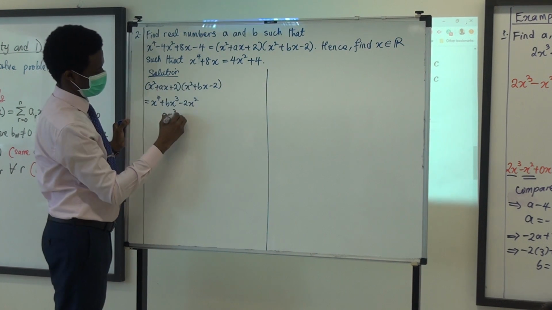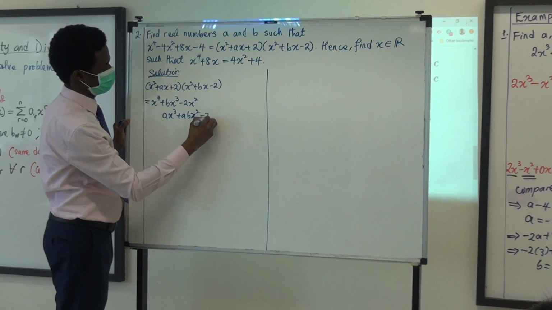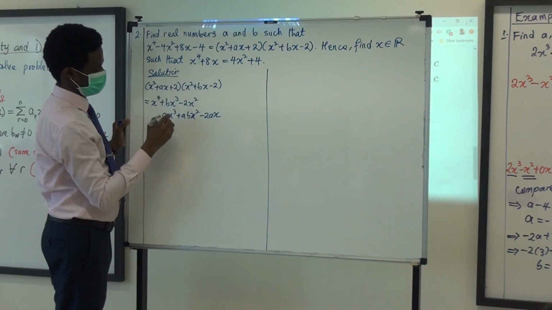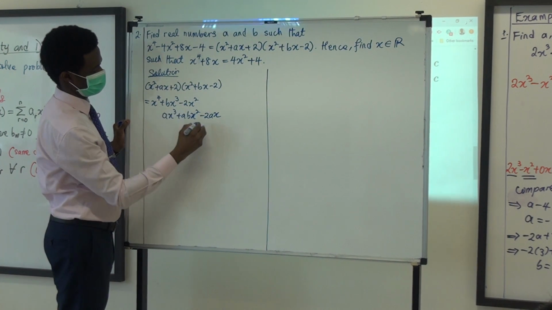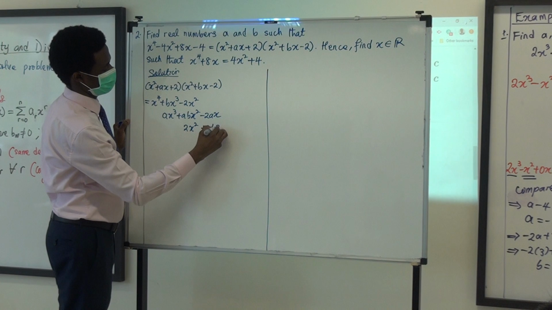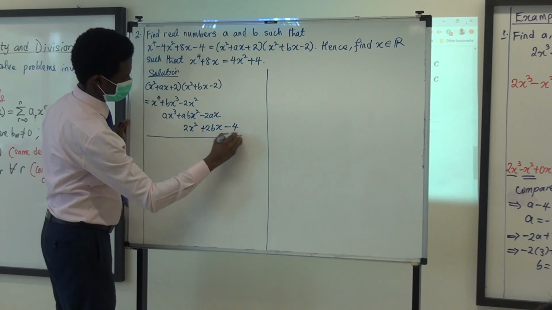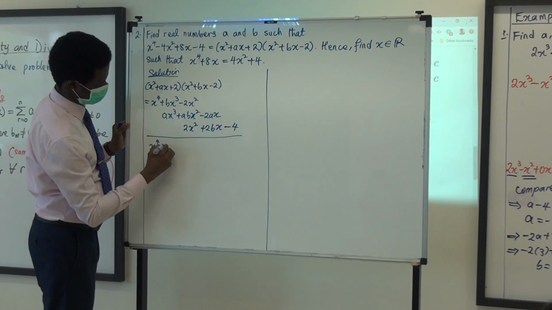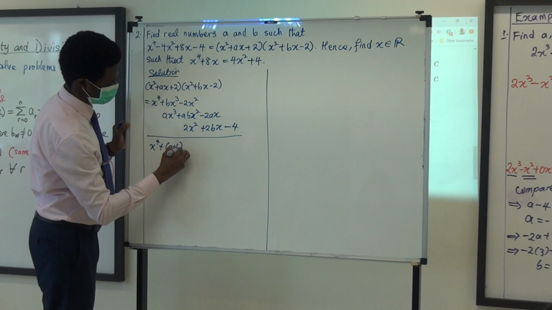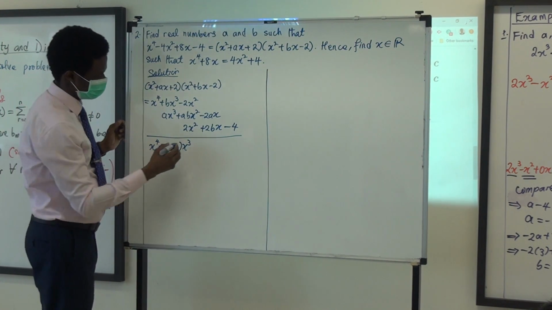I have abx squared. Then I have 2ax. Then the squared now, 2x squared positive, plus 2bx positive, minus 4. And all this added gives x to the power 4. What is this? a plus b, or maybe b plus a, doesn't matter. I just decided to write a plus b.